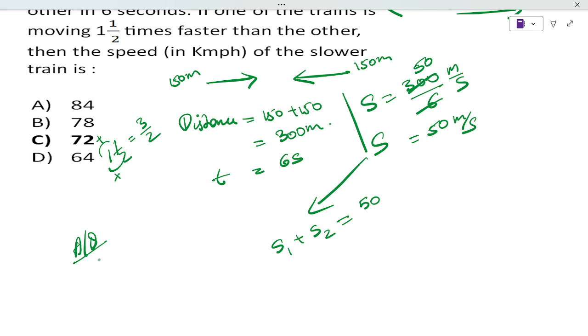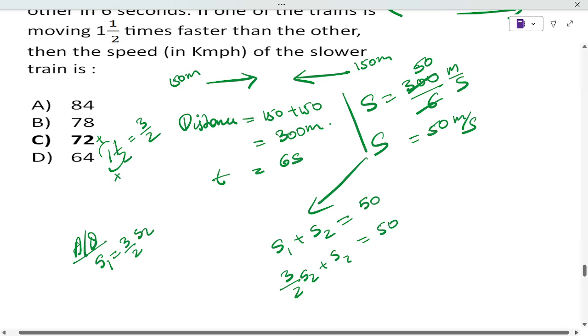So here if S1 is equal to 3 by 2 of S2. One of the trains is moving 1/2 times faster than the other. So in place of S1 we can write 3 by 2 S2 plus S2 is equal to 50.